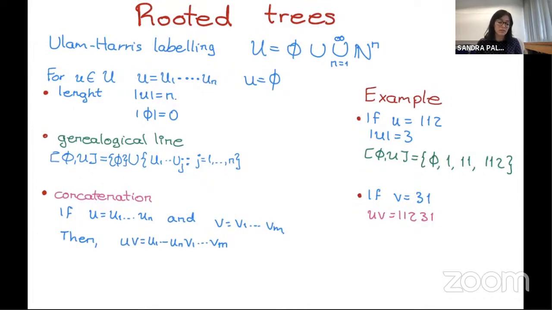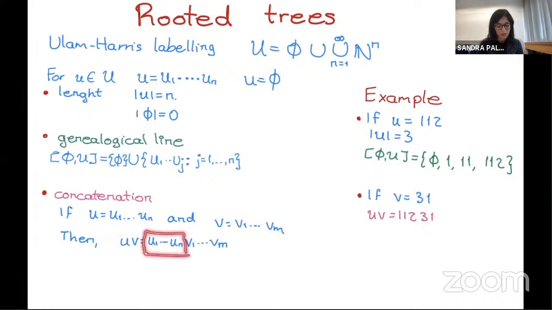And for a u in U, we are going to call the genealogical line this set. It is conformed by the empty set, and we are going to add all the vectors of the form u1, u2, ..., uj for every j between 1 and n. For two vectors u and v of the form u1, ..., un and v1, ..., vm, we are going to call the concatenation, denoted by uv, just the product.